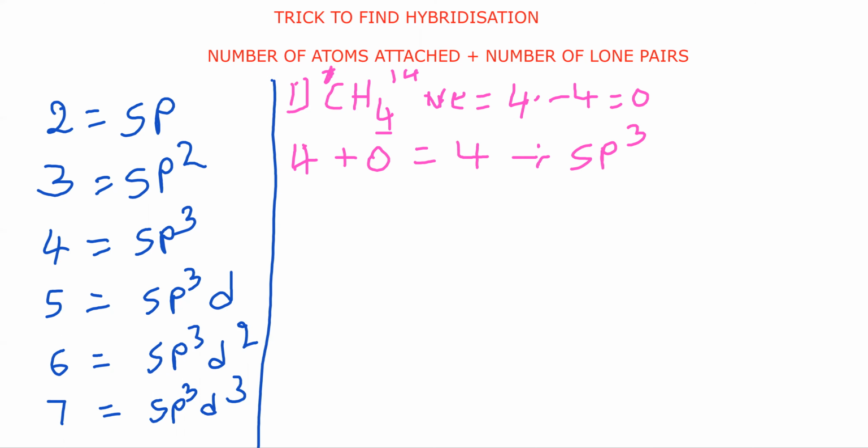Now let's take one more example. The second one I'm going to take is PCl5. How can I calculate lone pairs? First see the valence electrons.